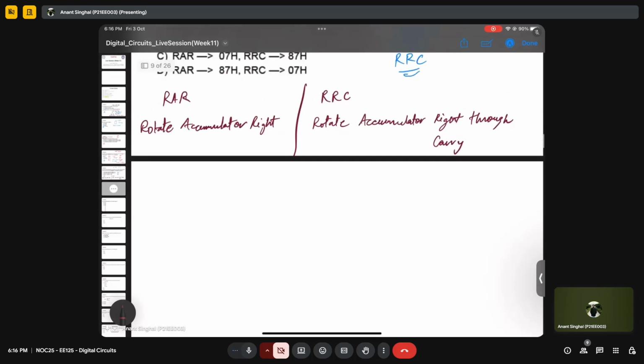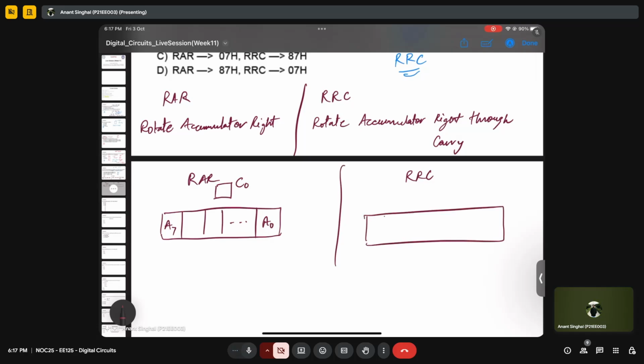So RAR and RRC, I'll write here. As we already know, we have 8-bit data, from A7 to A0, and we have a carry flag, C0. Similarly, let me compare here also, A7 to A0 and again a carry C0. In the RAR operation, there is just a direct rotation of the accumulator to the right.